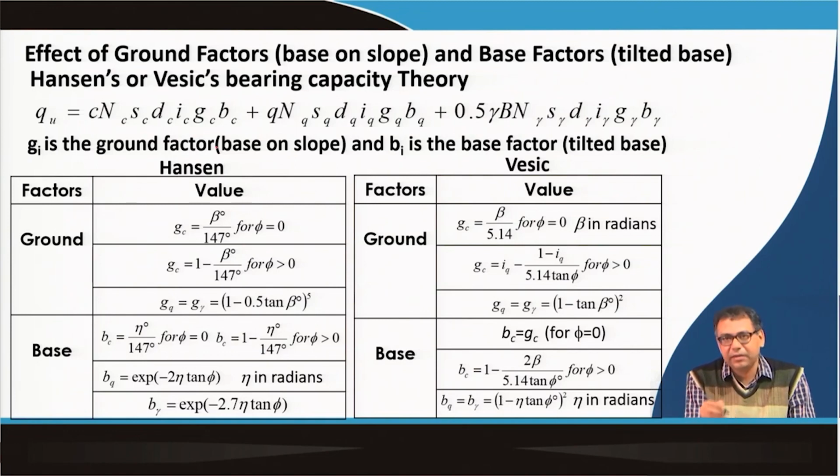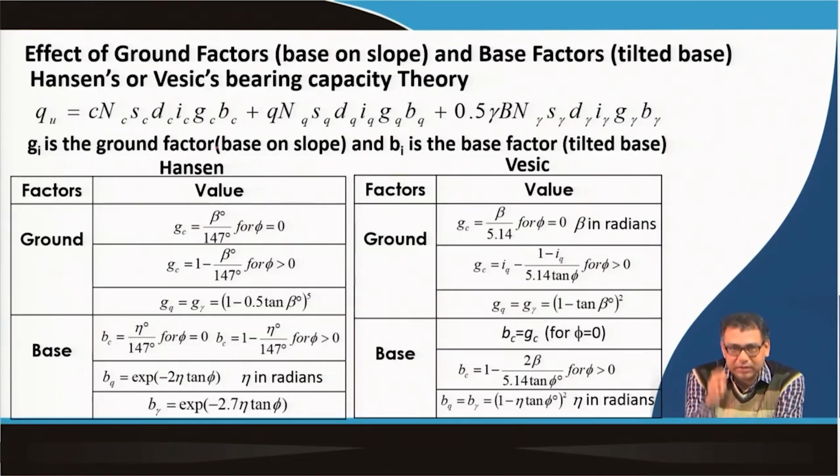In addition to that, if we have the properties, then we can introduce the Cc also. That means there are 6 total factors: shape factor, depth factor, inclination factor, ground factor, base factor, and the compressibility factor. So these 6 factors can be used.